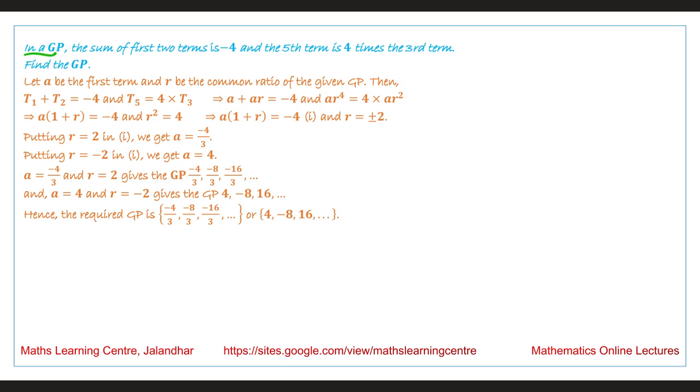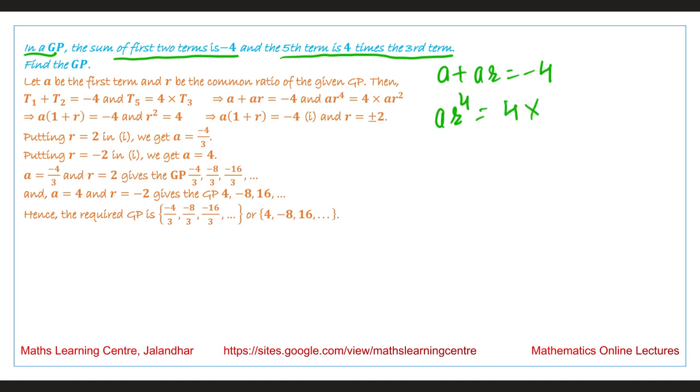Next is, in a GP, the sum of first two terms is minus 4. So it is being given that a plus ar is equal to minus 4, and the fifth term is 4 times the third term. So when we are talking about the fifth term, it is ar raised to the power 4, it is 4 times the third term ar raised to the power 2. So if we solve this equation, we are saying a is not equal to 0 and r is not equal to 0.